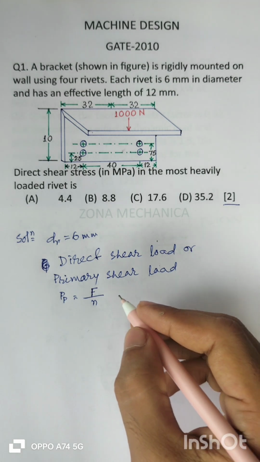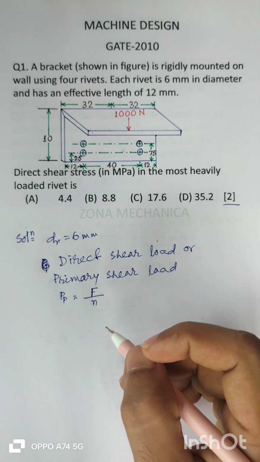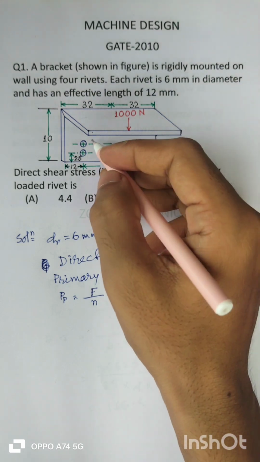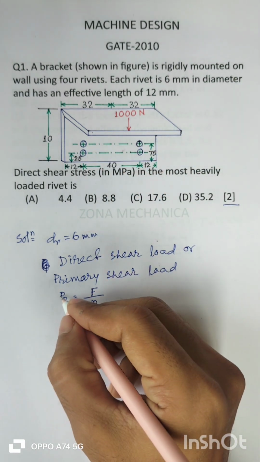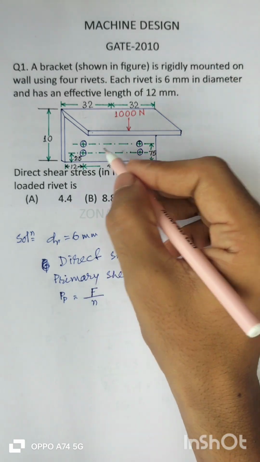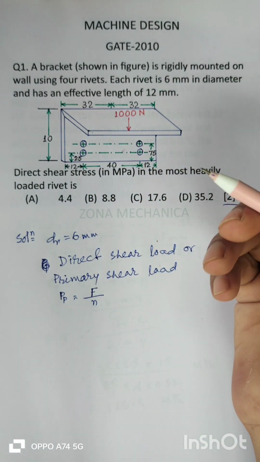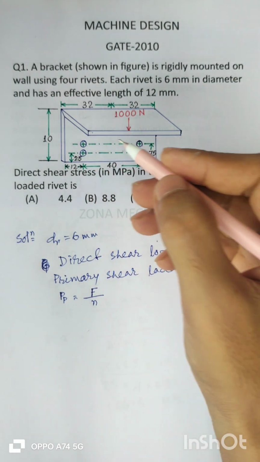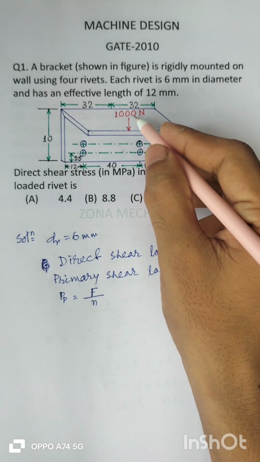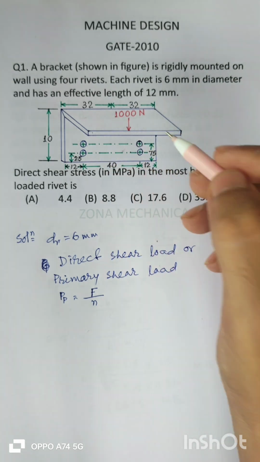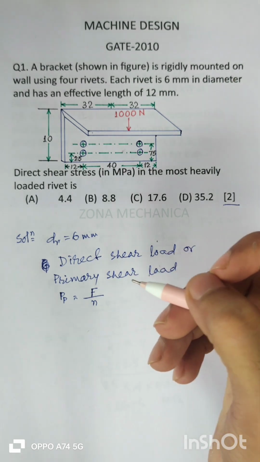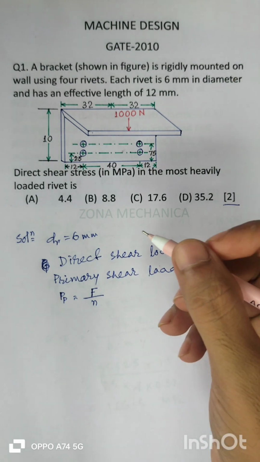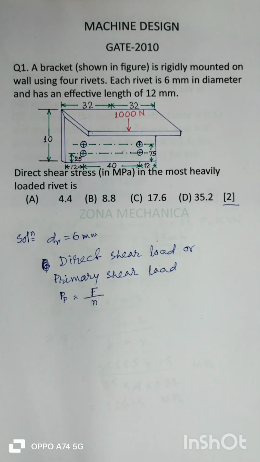So all the bolts will be sharing same load. Each of the rivet or bolt, whatever it is, will be sharing the same or equal load, so F by N. But how they are asking that the most heavily loaded rivet.